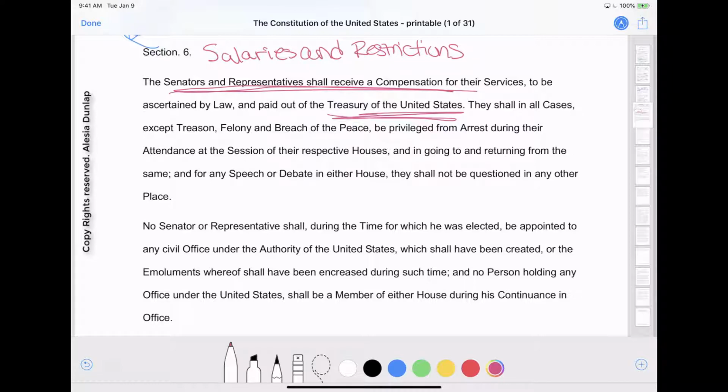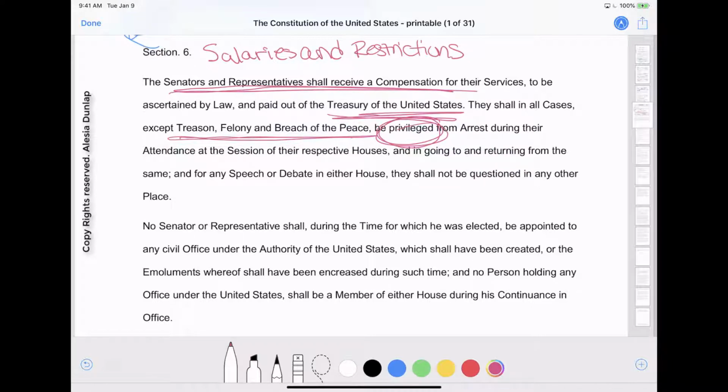They cannot be arrested for crimes except for treason and felonies, and they do not have to answer questions outside of Congress about anything they say while meeting in Congress. So that information is what we consider to be privileged.